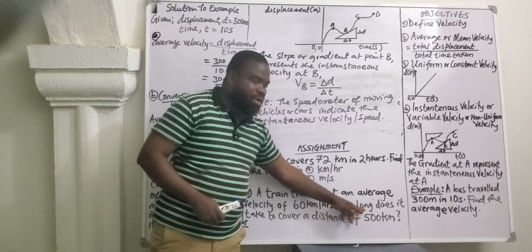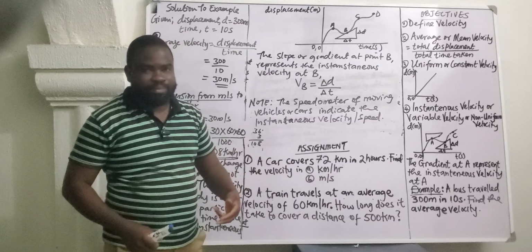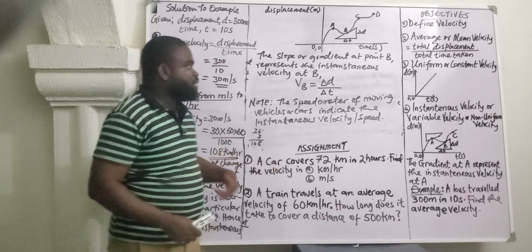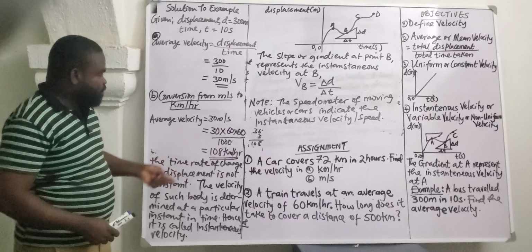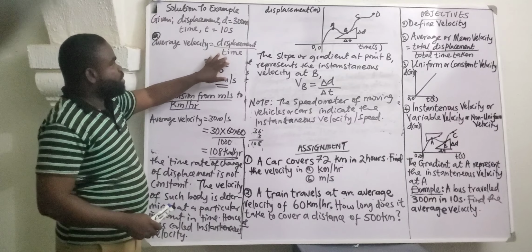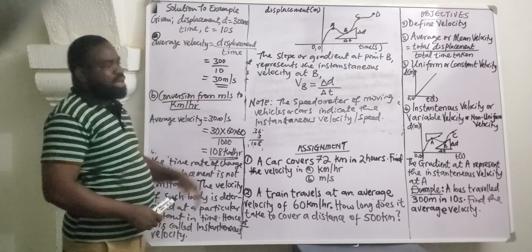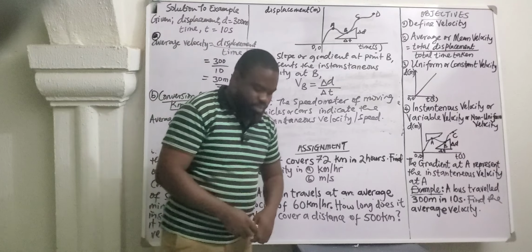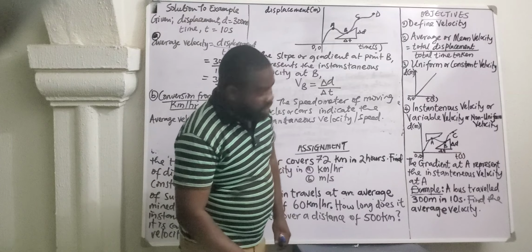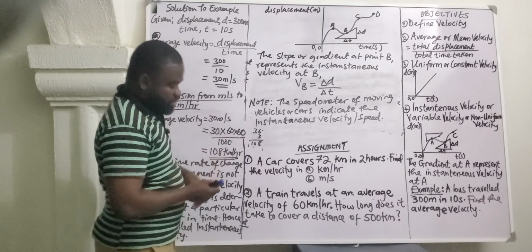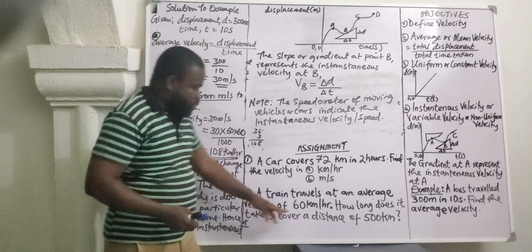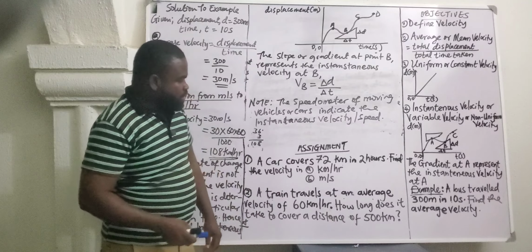They say find how long. How long means time. So to find the time, you will make the time the subject of the formula, which means you will have displacement divided by what? Average speed, or displacement divided by speed, average velocity. If you do that, you will obtain the correct answer for this question.